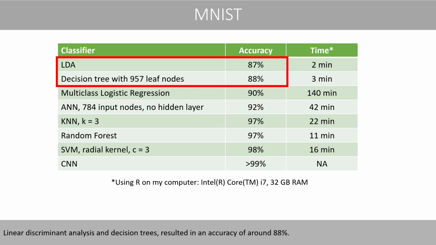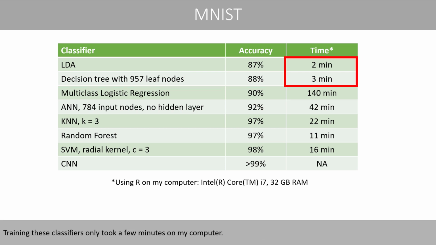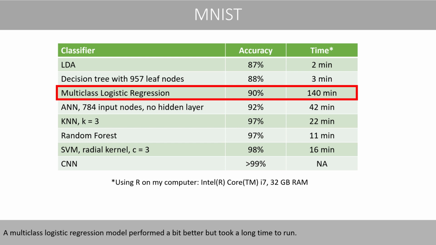Linear discriminant analysis and decision trees resulted in an accuracy of around 88%. Training these classifiers only took a few minutes on my computer. A multi-class logistic regression model performed a bit better, but took a long time to run.